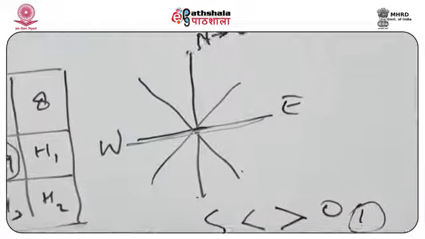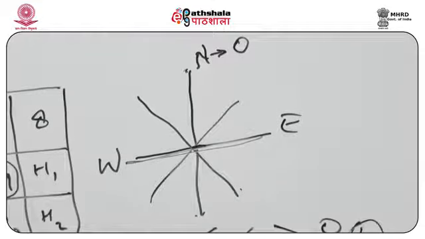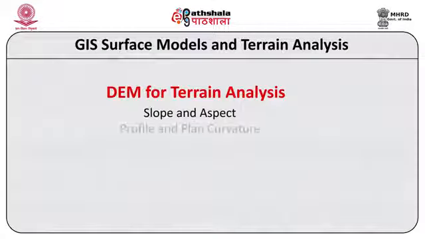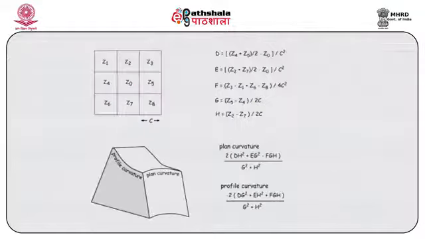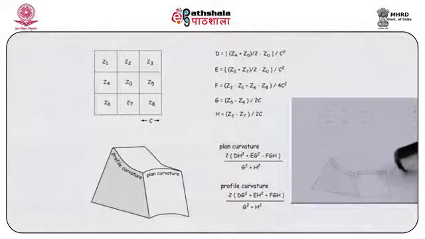Next we will be talking about how it can be used for profile curvature or plan curvature. When we talk about the plan or the profile curvatures, we are actually talking about this figure. You can see the profile curvature is along the steepest direction of the slope and your plan curvature is perpendicular to the slope direction.